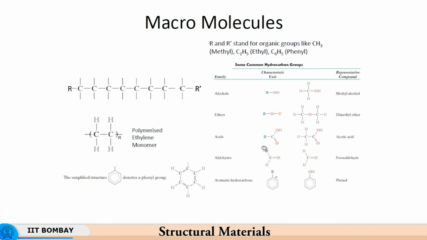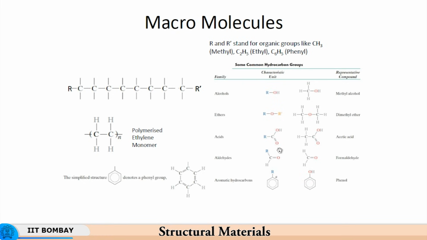Now, this is a single molecule of an aldehyde. If you want to make a macromolecule, you will need to polymerize it, which means putting multiple units of this into a single chain. Instead of having R and R dash there, you could have this polymerized.